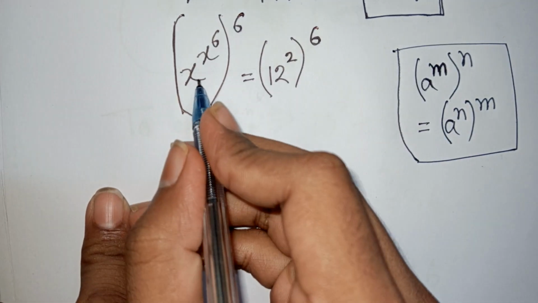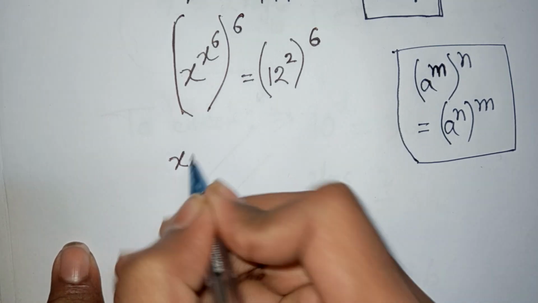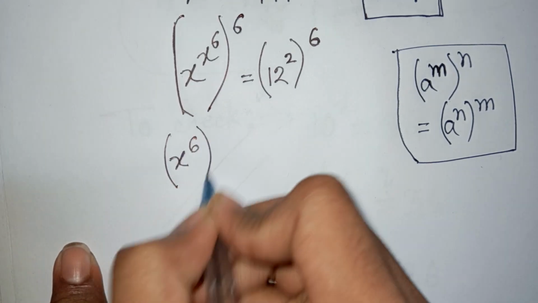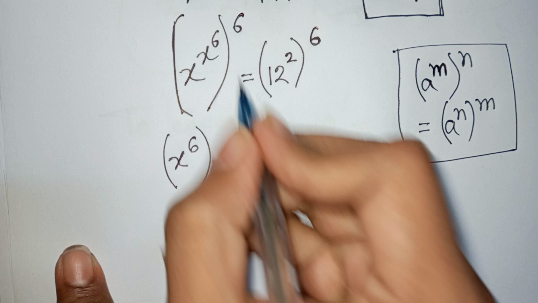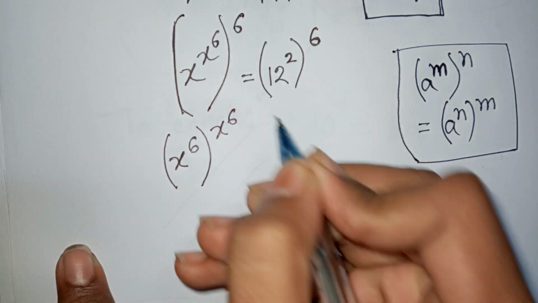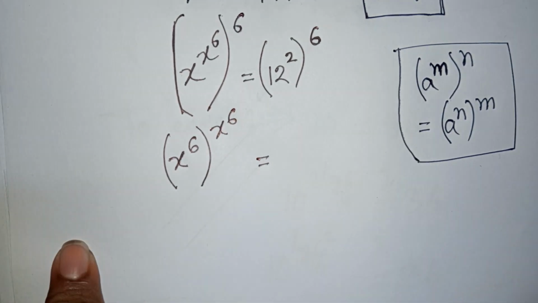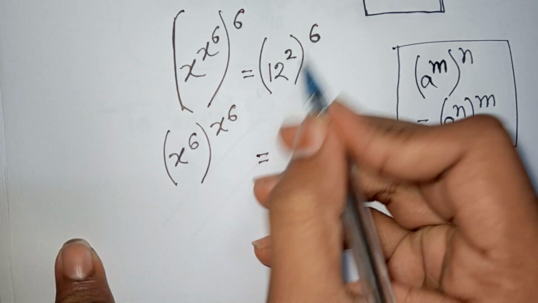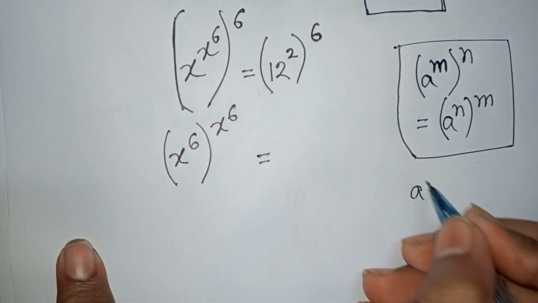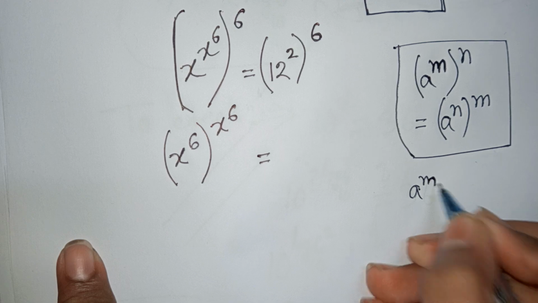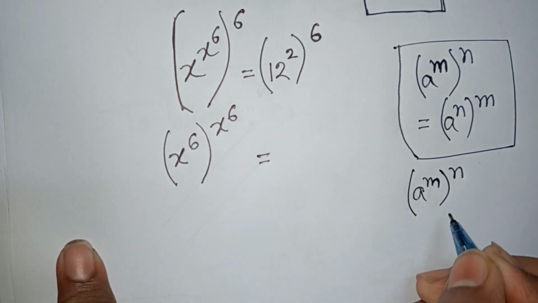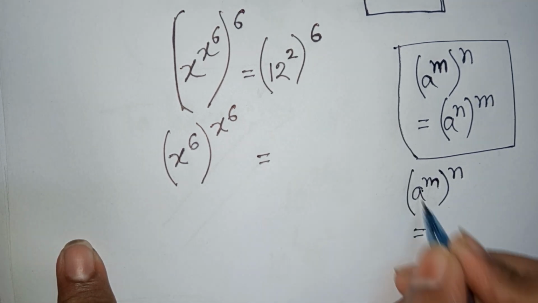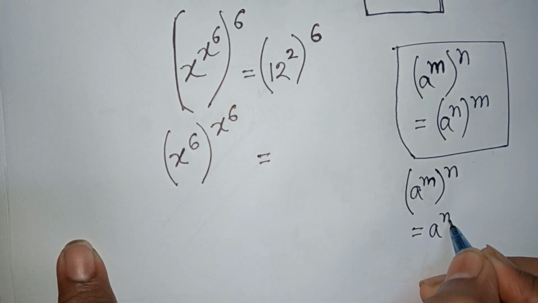So it will be x power 6, bracket power 6, is equal to... here I can apply this formula: a power m, bracket power n, is equal to a power of mn.